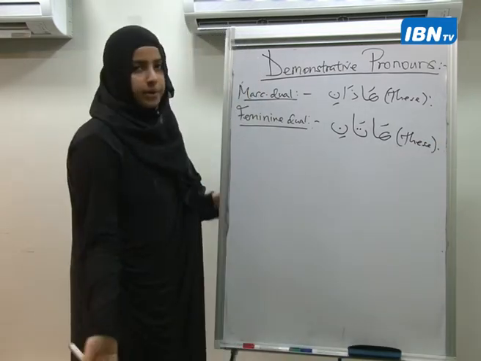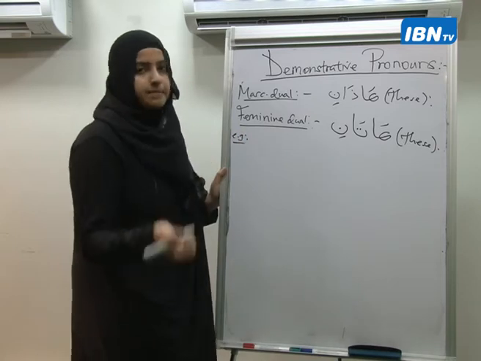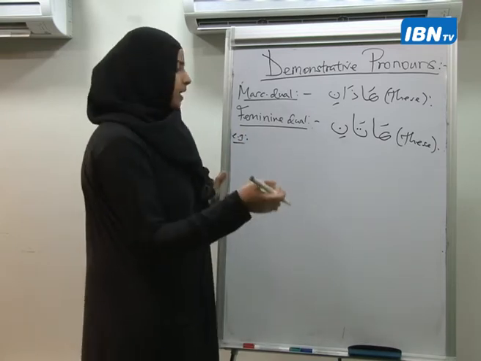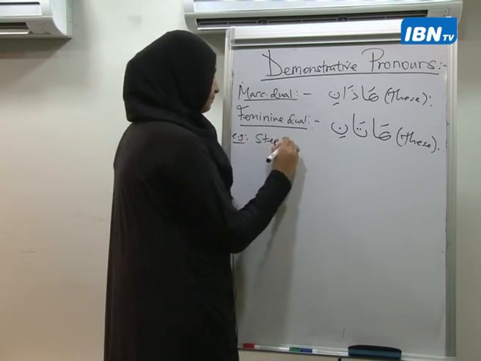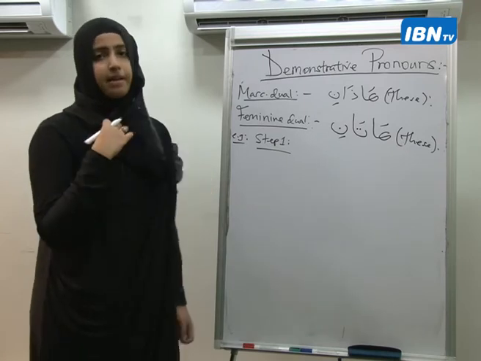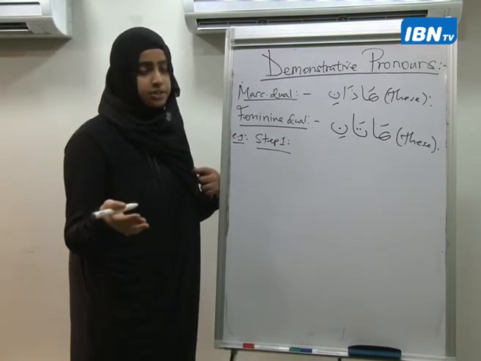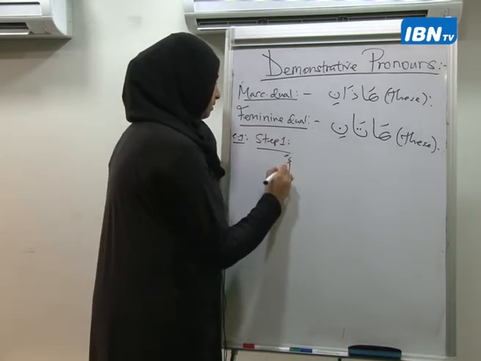Right. So we're going to look at the examples. You're going to follow the same steps, the same procedure, only that this is the feminine now. So my step one: for example, I want to say these are two sisters. First I'm going to write sister. Sister means أختٌ.